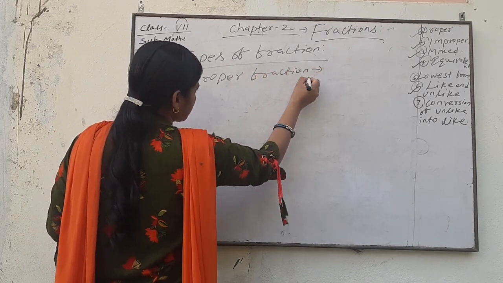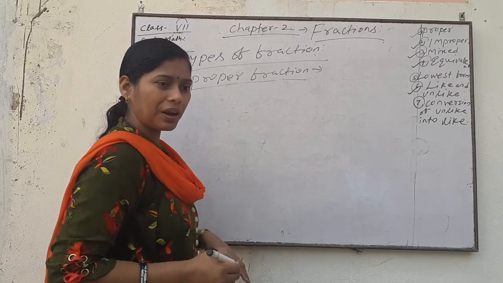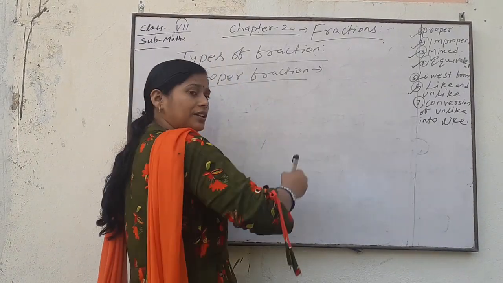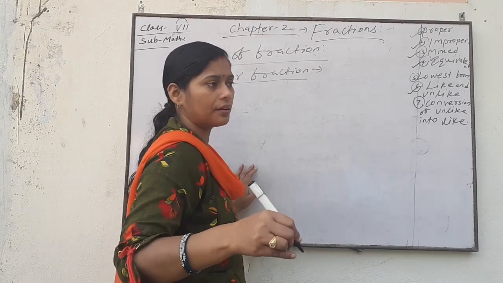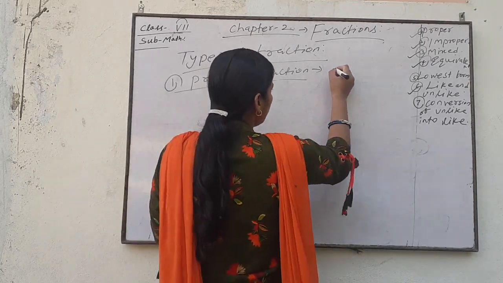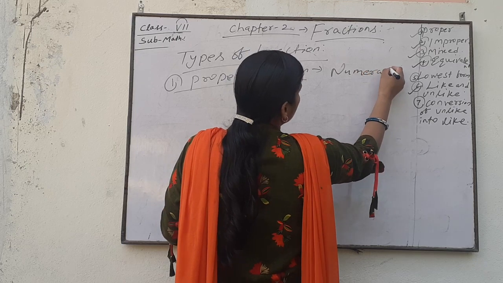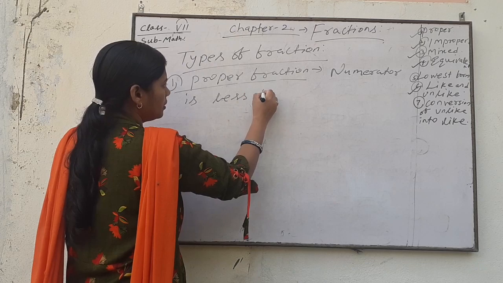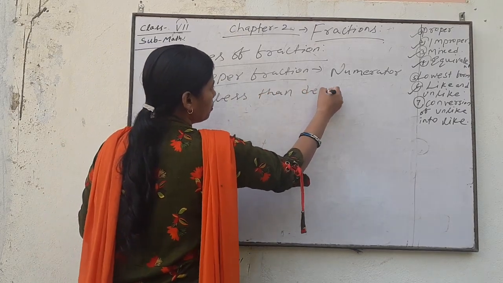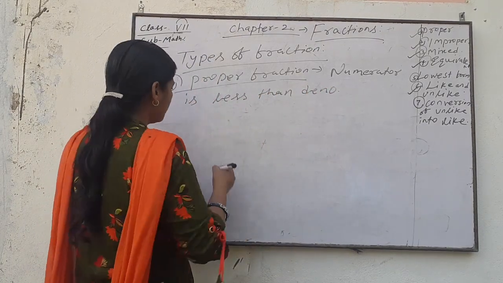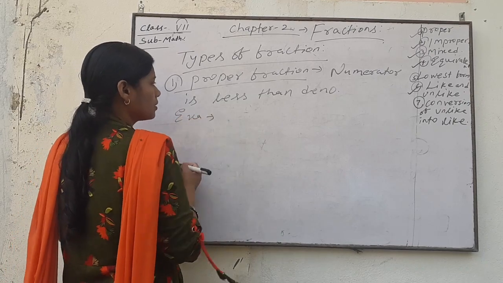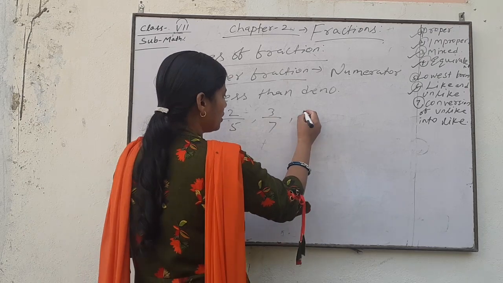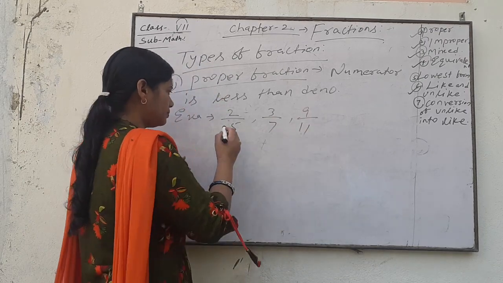So what is proper fraction? Proper fraction means a fraction whose numerator is less than denominator. Okay, your examples: 2 by 5, 3 by 7, 9 by 11.